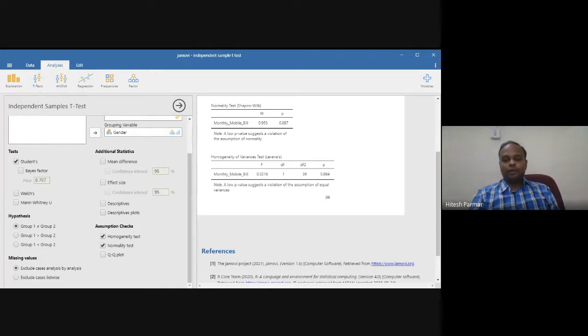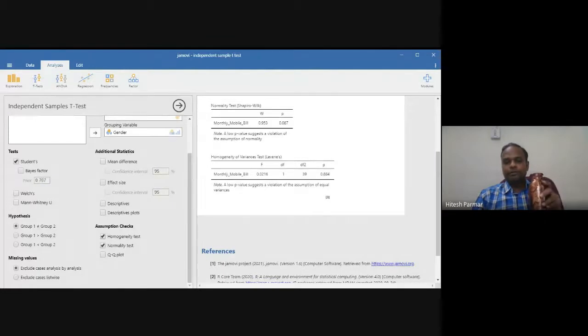Now what p-value we get? The p-value we get is 0.884. So we fail to reject the null hypothesis, and we can confirm that with respect to variability, both groups are same. So we can finally conclude that there is no significant difference in the variability of the two groups.